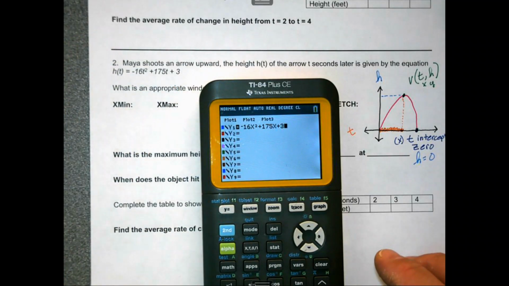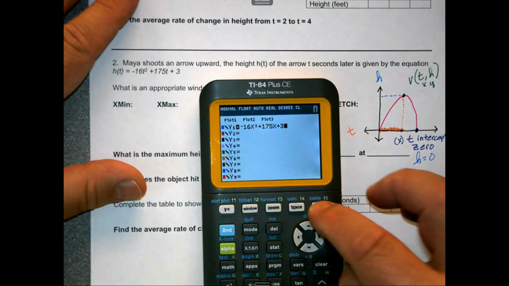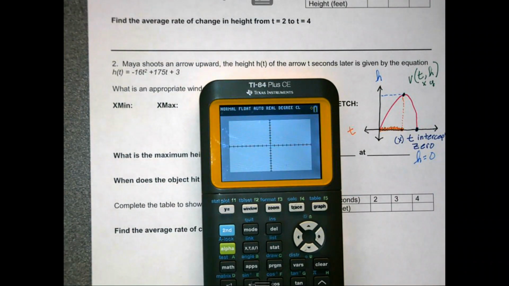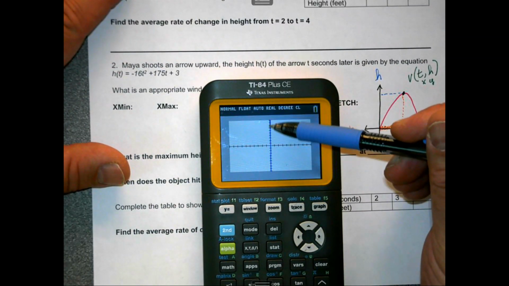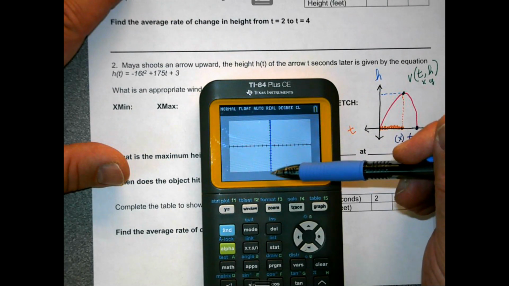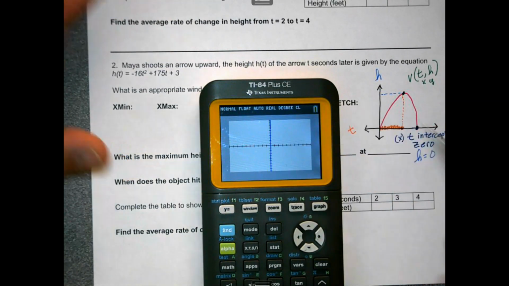Okay. Now I'm going to hit graph, and this is going to be a really, really big parabola. In fact, I'm only getting a little partial of the parabola here, and it's almost right on top of my y-axis.